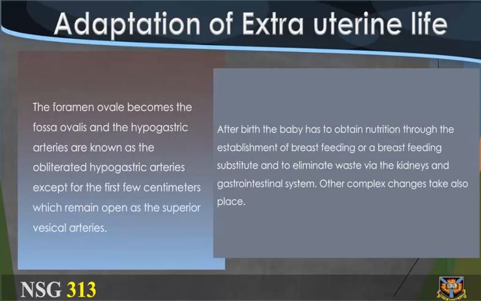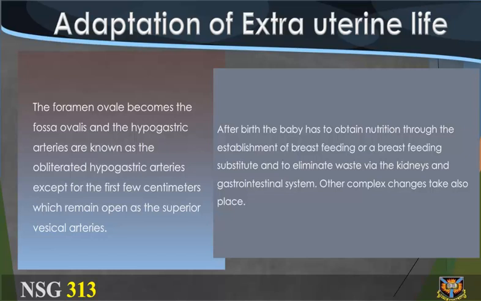The foramen ovale becomes the fossa ovalis, and the hypogastric arteries are known as the obliterated hypogastric arteries, except for the first few centimeters, which remain open, and become the superior vesical arteries.